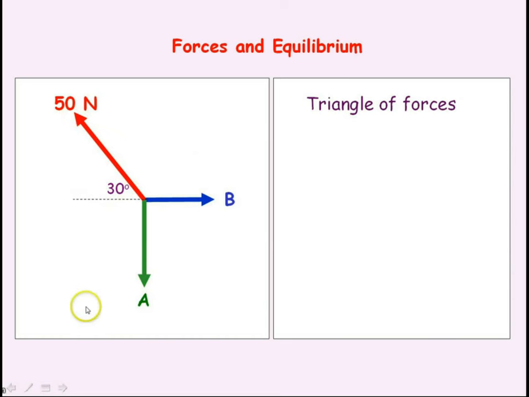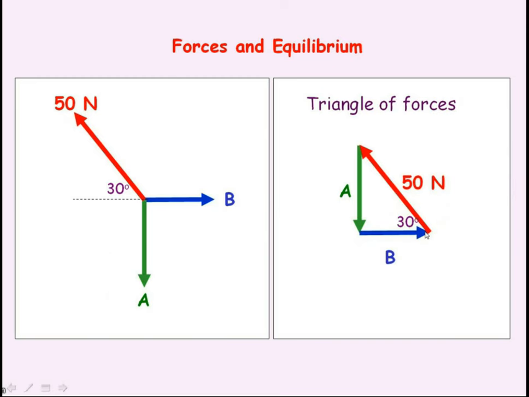We're going to add these three forces to form a triangle. So let's first consider A, which is acting downwards, and where A ends, we will add B, acting horizontally to the right, and where B ends, we're going to add our 50 newtons, but it's going to be acting 30 degrees relative to the horizontal.